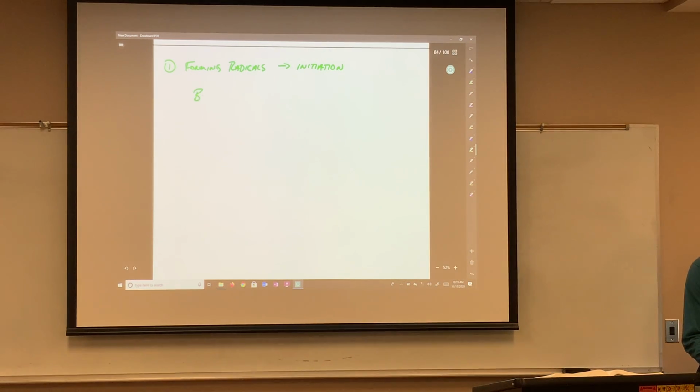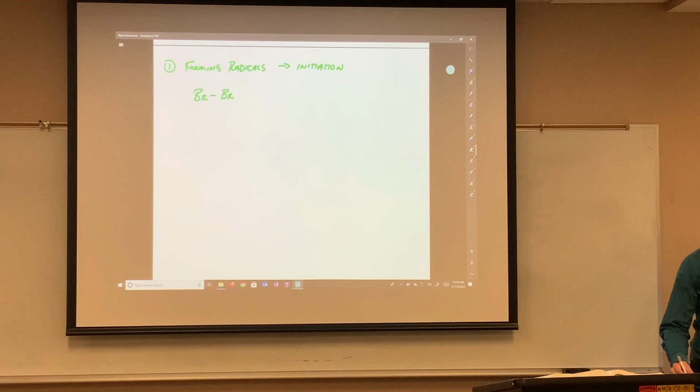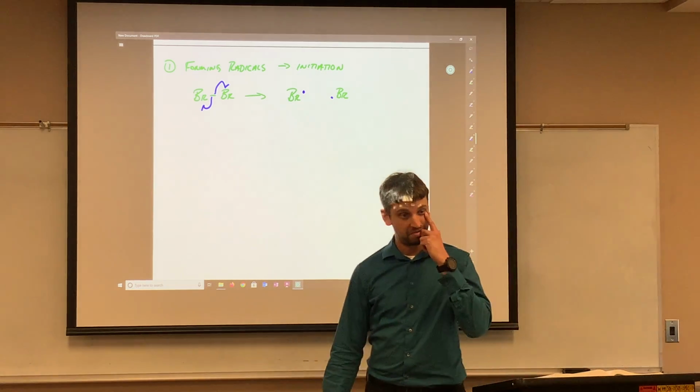For our radical halogenation reaction, we start out with our bromine, we zap it with some energy, and we break our bond apart. We end up generating two radical halogens.